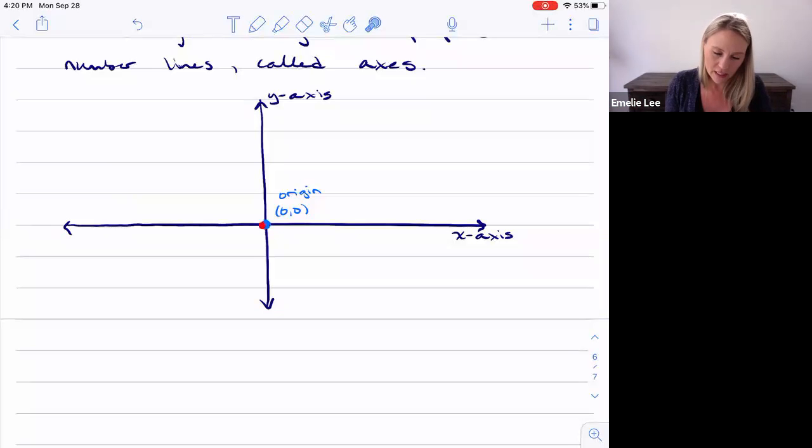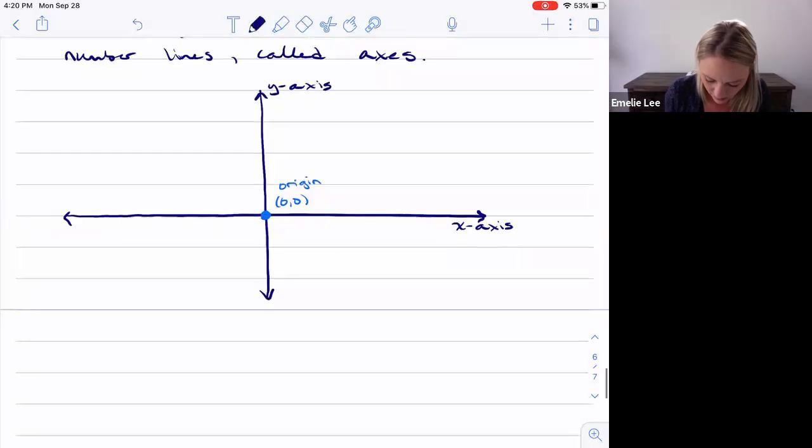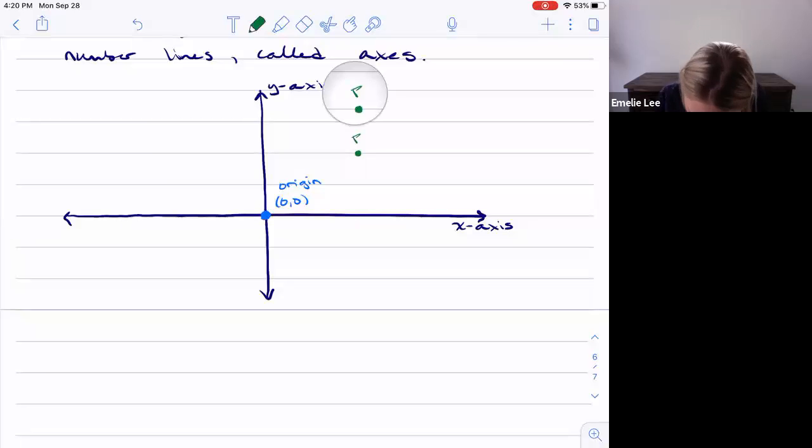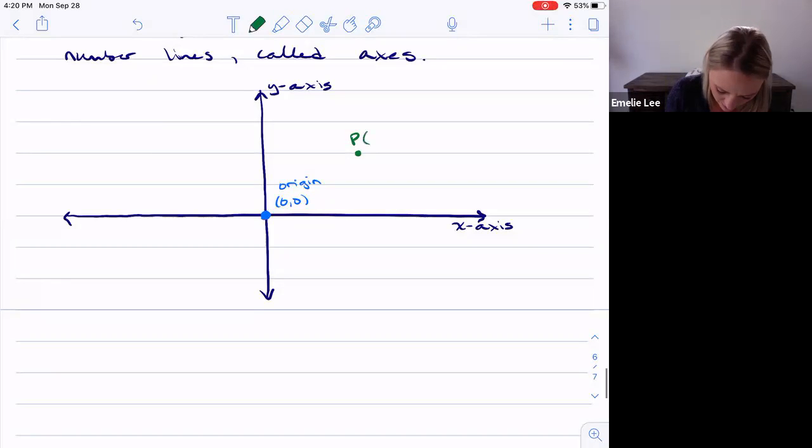So we can use this as a grid, and we can put points all around. So let's see here. If we have a point called capital P at some point A, B, this is usually how we write it.